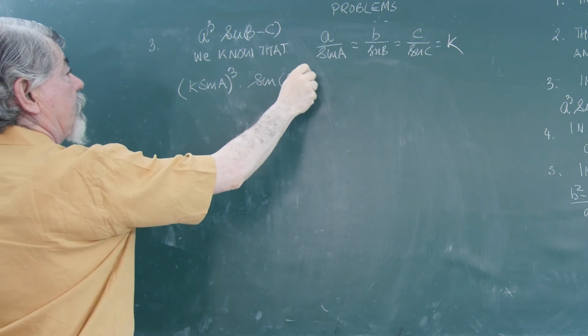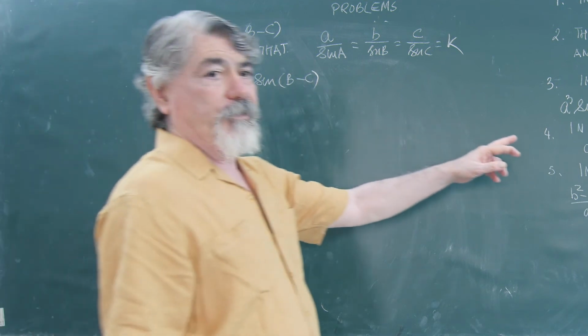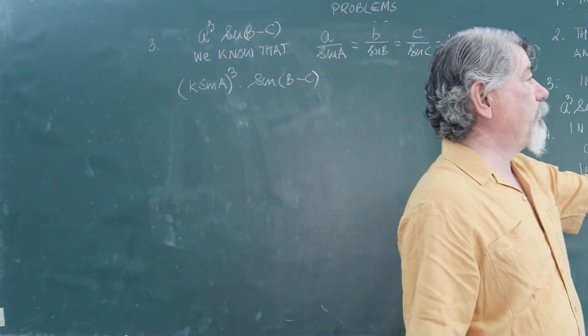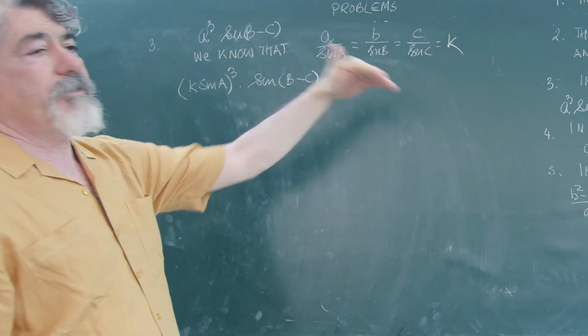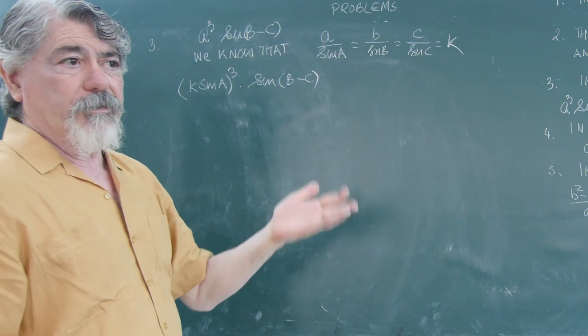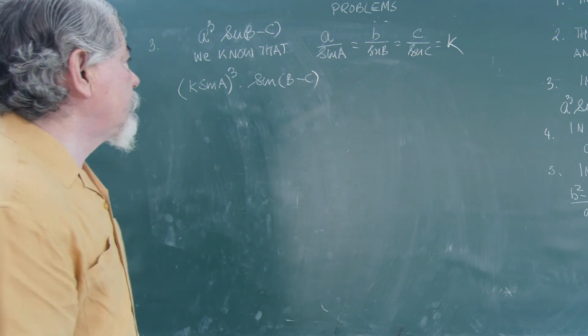I have taken only one term from the equation, please remember. I am not writing b cube sine (C minus A) or c cube sine (A minus B), because I will simplify this, and similarly by observing I will write the second and third result.